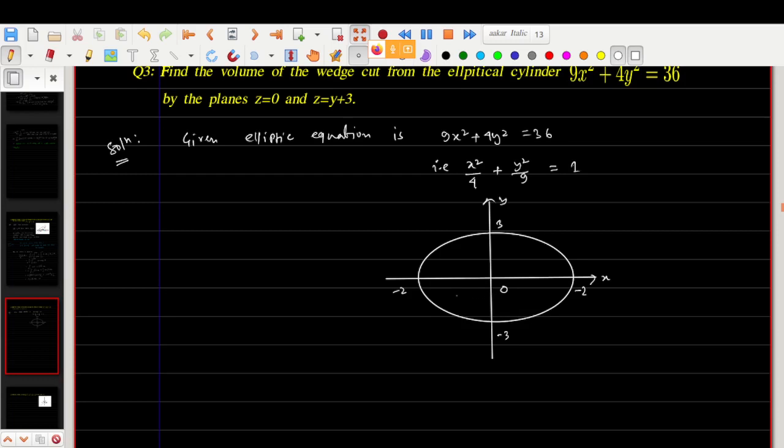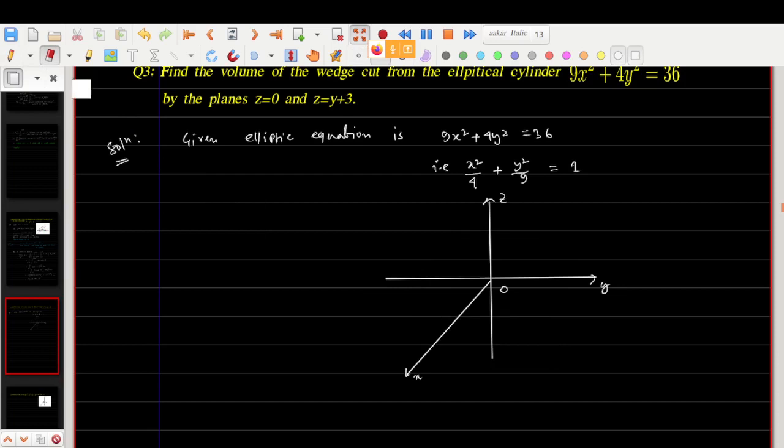Now if you draw the 3D picture, how will it be? Let us make this the z-axis, and the remaining ones x and y. Let me draw the ellipse again.